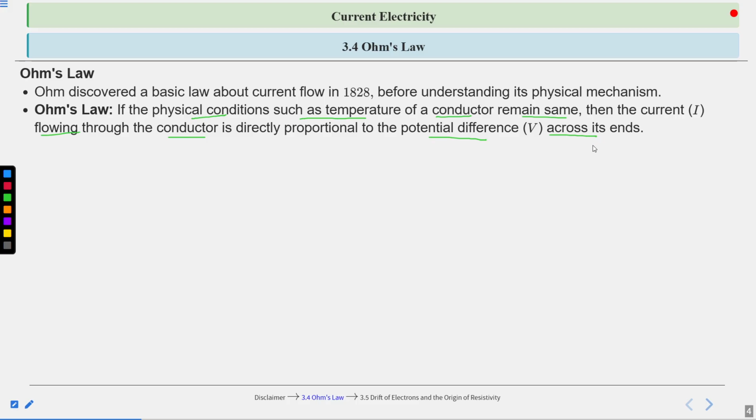Or we can say the potential difference across its ends is directly proportional to the current flowing through the conductor, if the physical conditions like temperature and pressure remain constant.